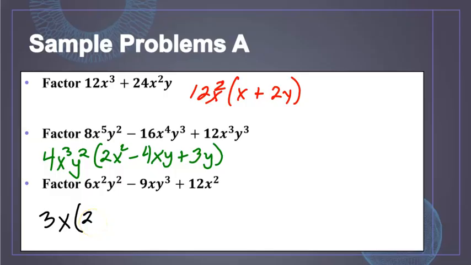X squared divided by x is x, and then y squared. Minus 9 divided by 3 is 3. X divided by x is 1, and I have y cubed. Plus 12 divided by 3 is 4. X squared divided by x is just x. So my final answer would be 3x times parentheses 2xy squared minus 3y cubed plus 4x.